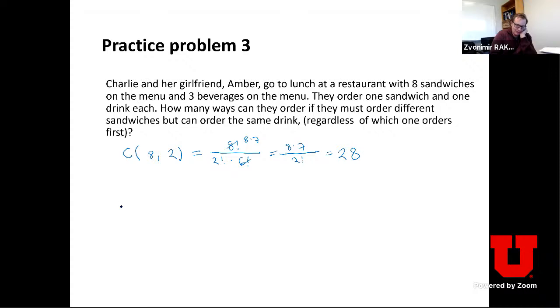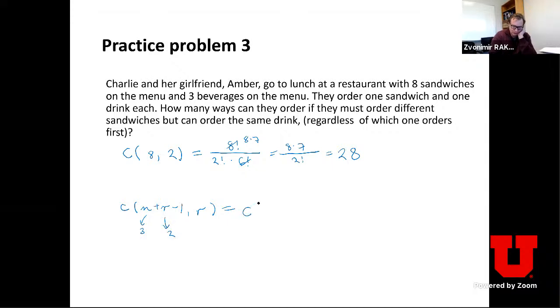So then for drinks, we have, if you remember the formula, n plus r minus 1 choose r, where n is the number of items, which is 3 in our case, and r is the size of the bag, which is 2.